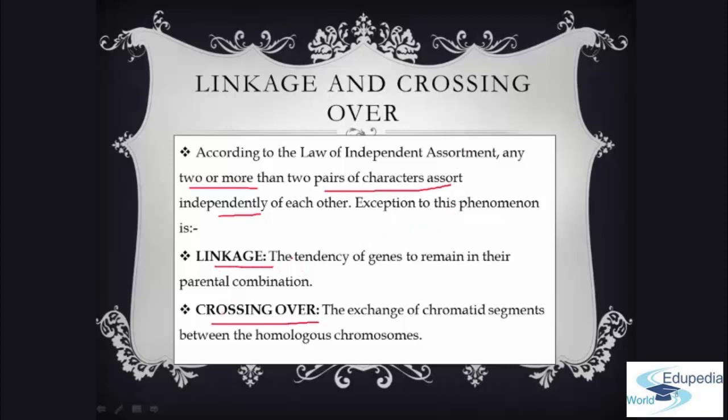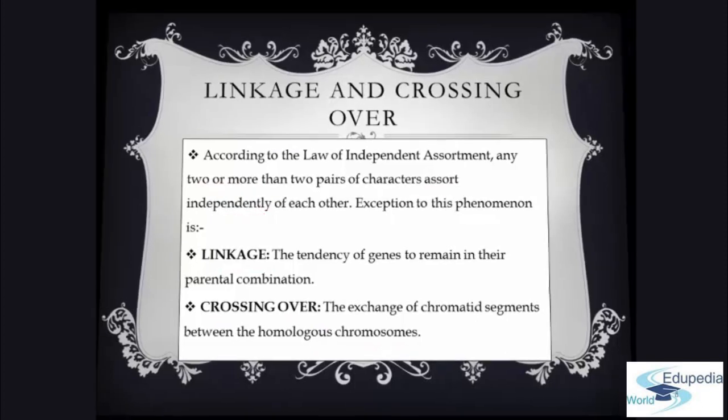What do they mean? Linkage is the tendency of genes to remain in their parental combination, and crossing over is the exchange of chromatid segments between the homologous chromosomes. So this was all about linkage and crossing over.